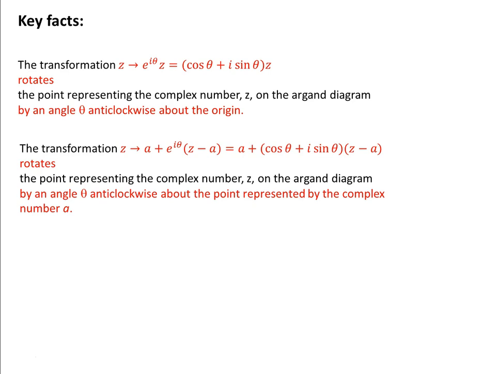And if we have a slightly more complicated transformation, z goes to a plus e to the i theta times z minus a, then that gives us a rotation about the point which represents the complex number a by theta in an anticlockwise direction.